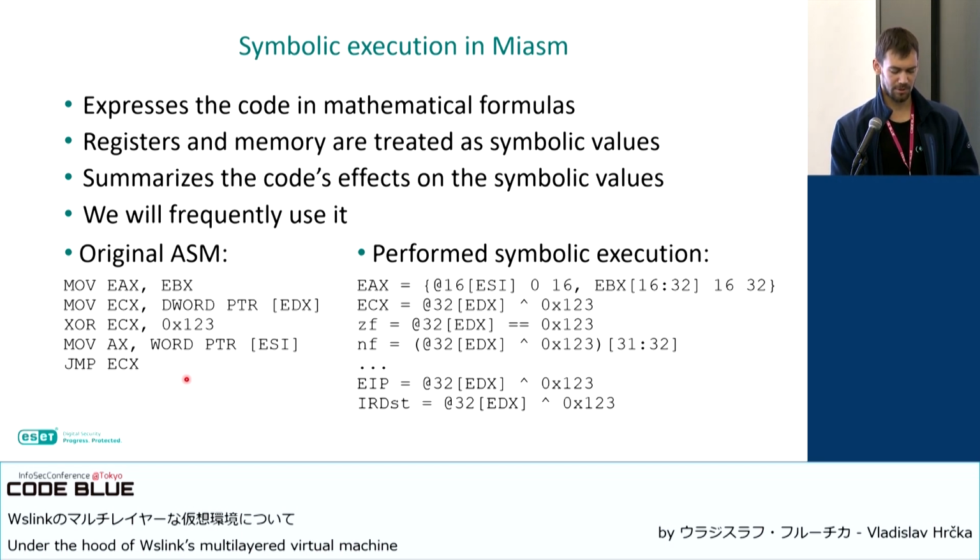Basically, when we symbolically execute this ASM basic block, we'll have in the result something like this. Right away we can see what the resulting instruction pointer is, which is almost the same as this IRDST, which stands for intermediate representation destination, which is sort of a program counter in Miasm.